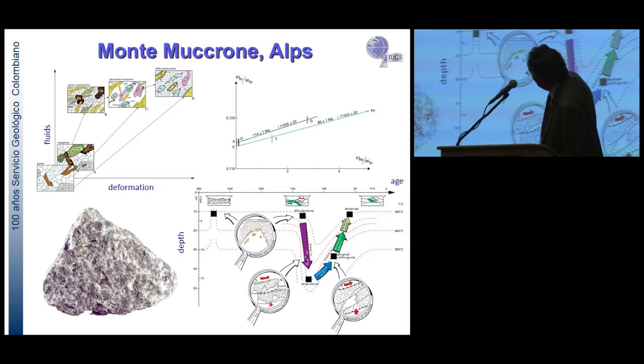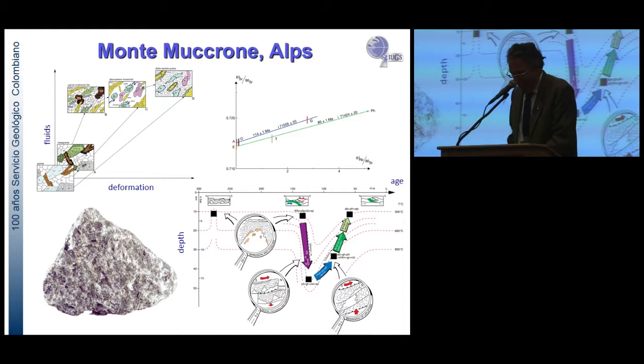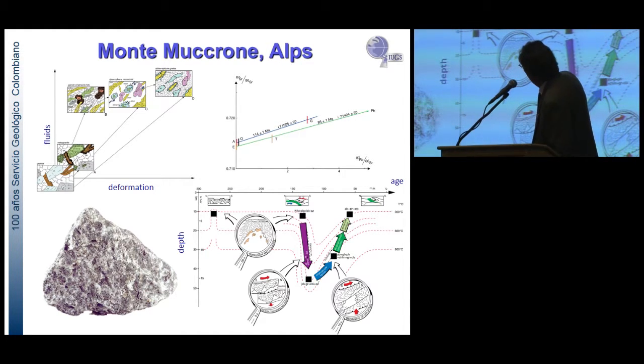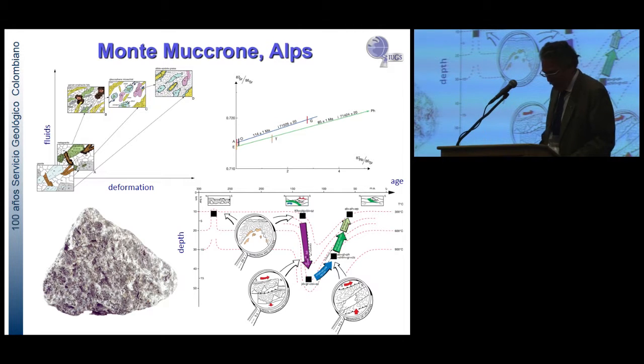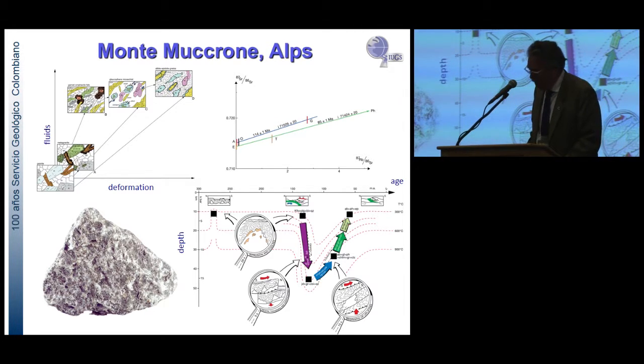So what we did is picking up the rocks, doing structural and textural analysis. We were producing the first age data on separated mineral that we thought would occur together, and finally the whole thing was more or less compiled in a cartoon, and we proposed that continental crust could be subducted.